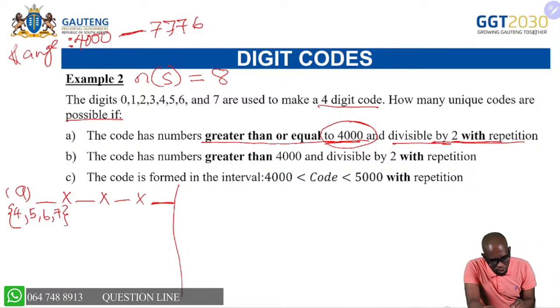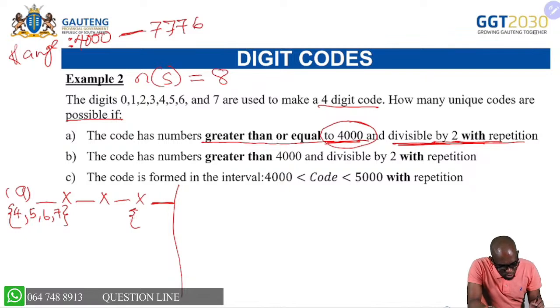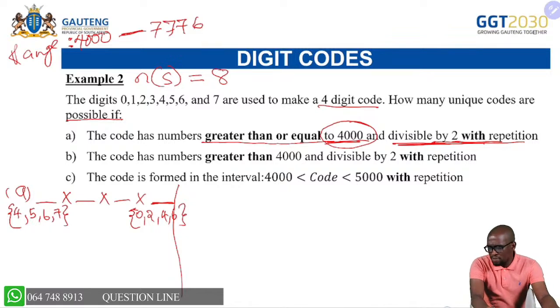However, it should also be divisible by 2. Now, we check in our sample size the numbers that are divisible by 2. In this case, the numbers divisible by 2 would be 0, 2, 4, as well as 6. So those are the 4 numbers that would be divisible by 2.